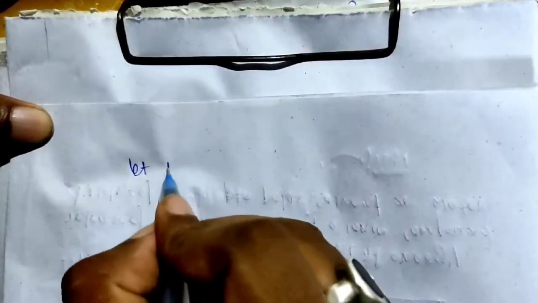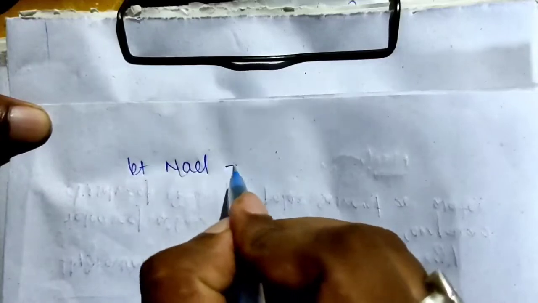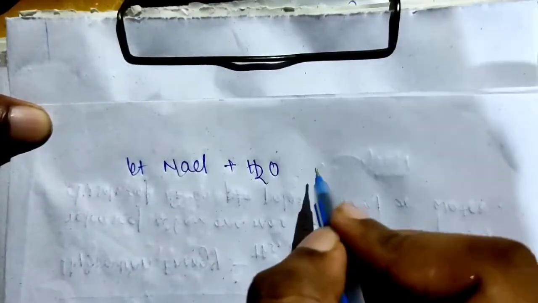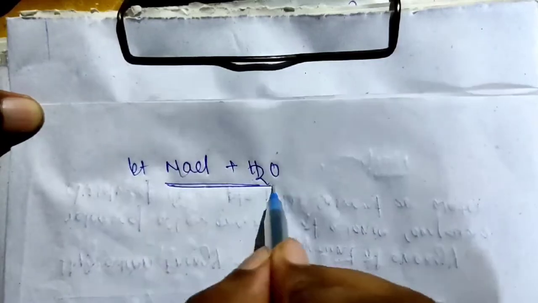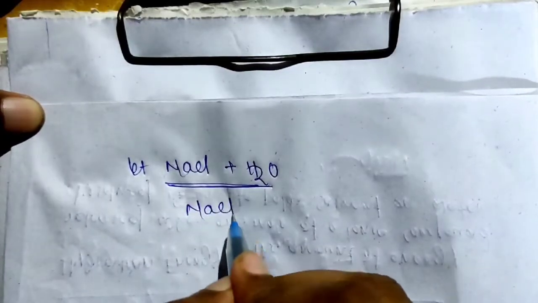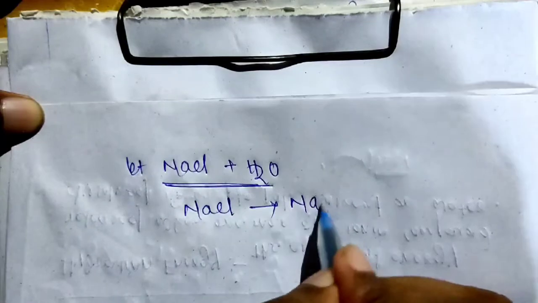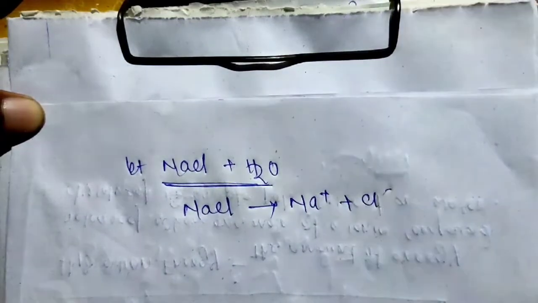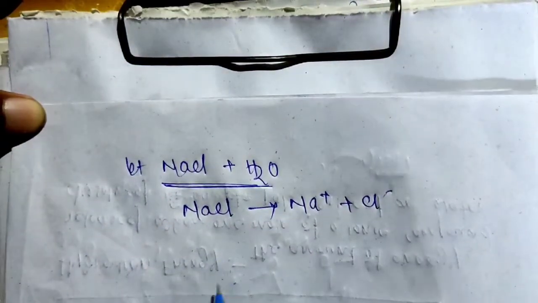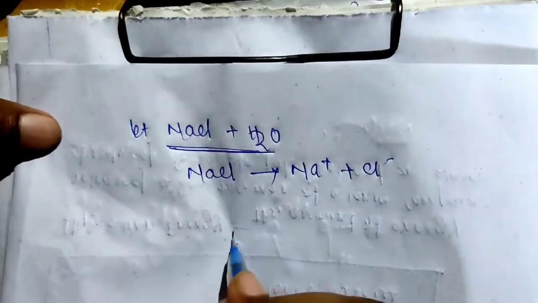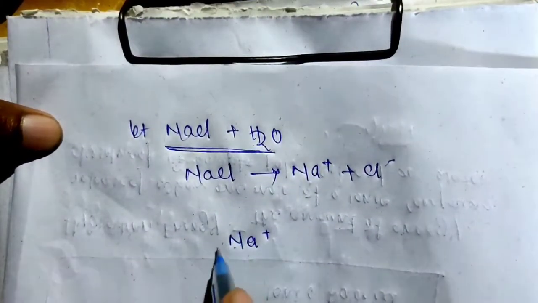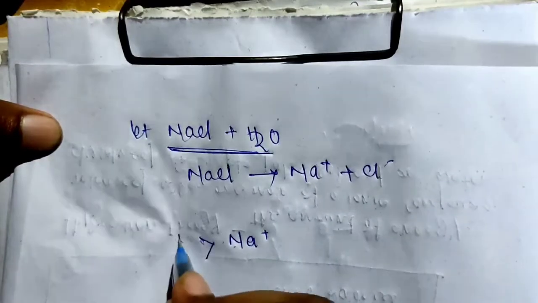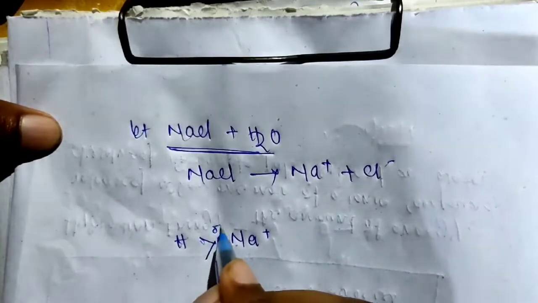Let NaCl dissolve in water, then we see that NaCl breaks into Na plus and Cl minus ions. Okay, each Na plus ion is surrounded by water molecules like that.